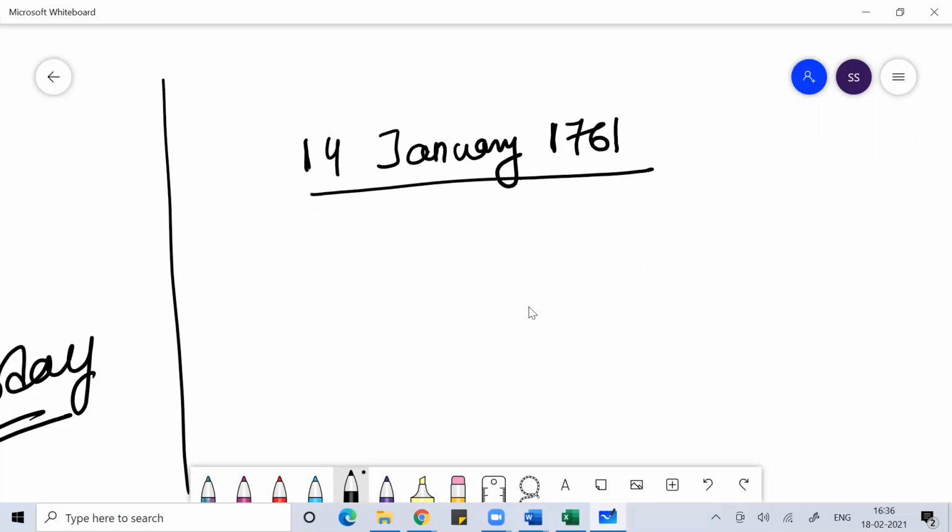14 January 1761. So take a date which is a multiple of 400 years before this. After that, how many years are left? 1761 minus 1600 means 160 years, plus 14 January.